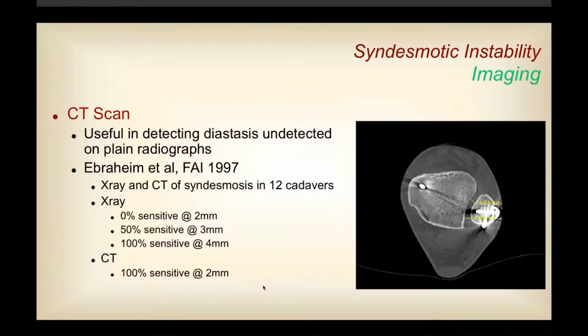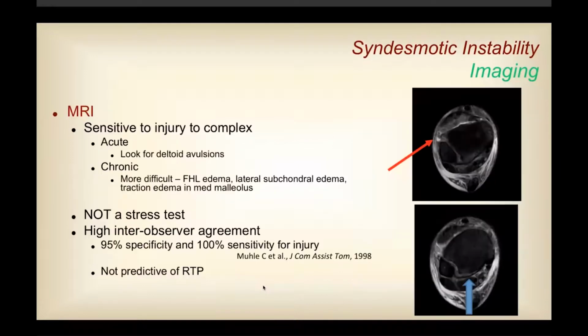CT scan is definitely useful, particularly weight-bearing CT, and the advent of that, being able to detect diastasis that's undetected or maybe not as appreciated on plain radiographs. It is certainly much more sensitive than X-ray, particularly in a weight-bearing fashion, at a much lower amount of diastasis or change, particularly compared to the opposite side.